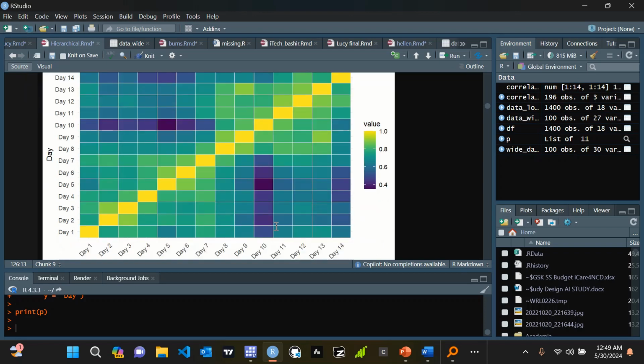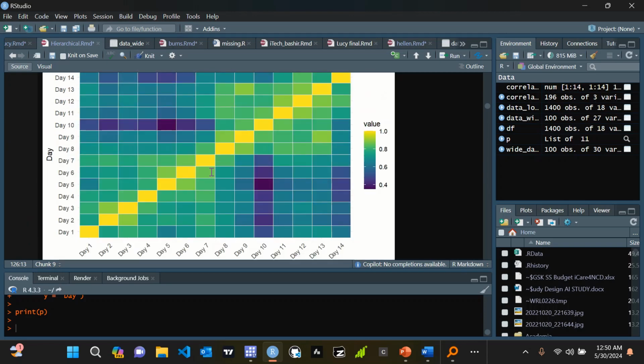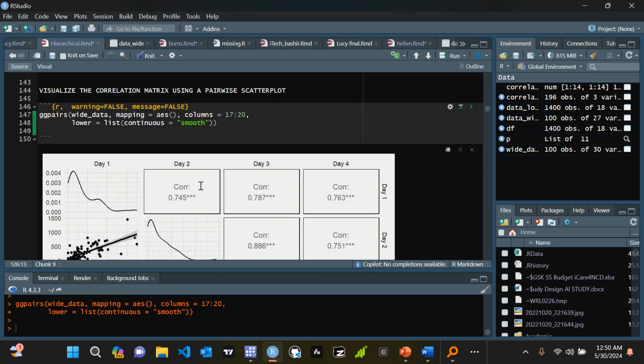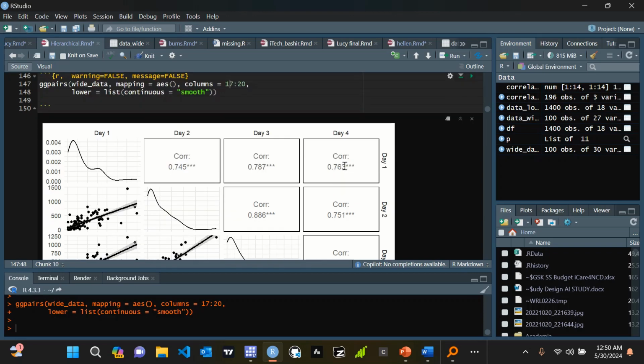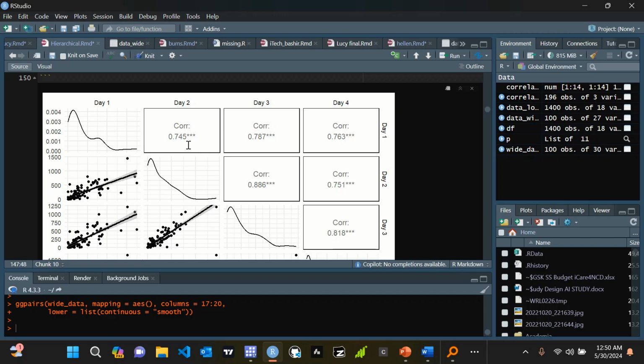So you see that the correlation between days is so much, and this is the time effect, the correlation of coughs within days. We can also choose a few columns, like from day 1 to day 4, just to demonstrate this correlation. You see that is a high correlation, as you can see even from the scatter plots, and even the correlation coefficient is high.